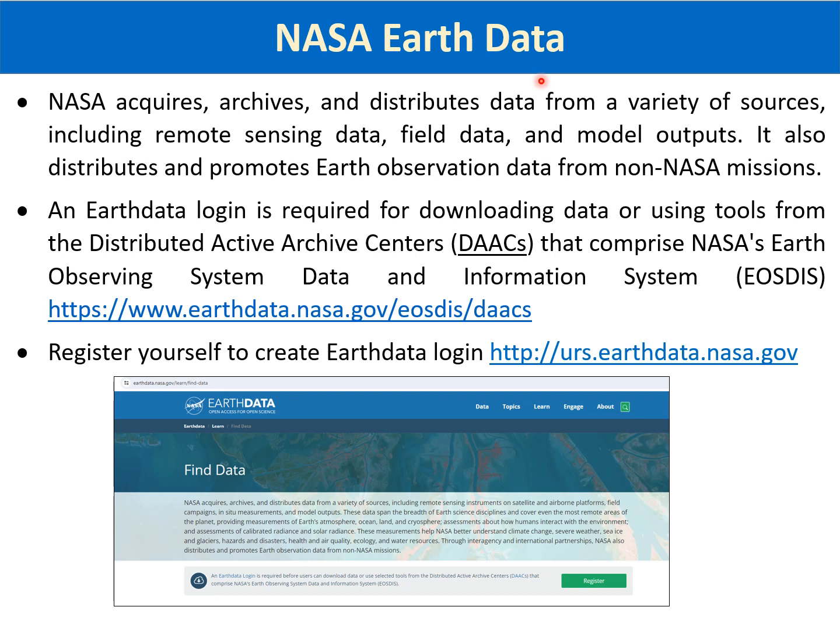It is a comprehensive system that provides access to a variety of earth science data, not just remote sensing data, but even field data, climatic data, modeled data, atmospheric measured data. NASA acquires, archives, and distributes such data from a variety of sources, and also distributes and promotes Earth observation data acquired from other non-NASA missions.